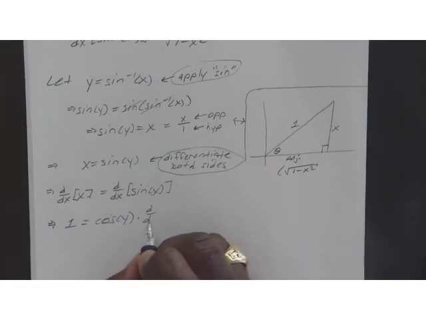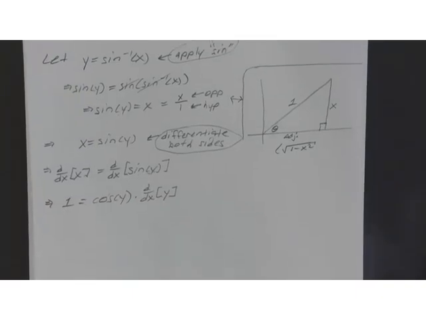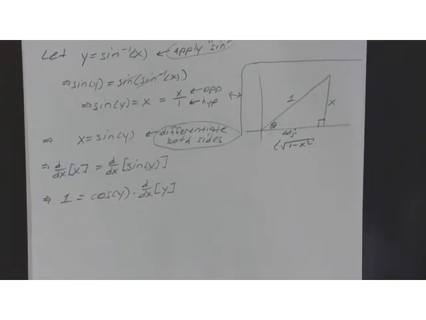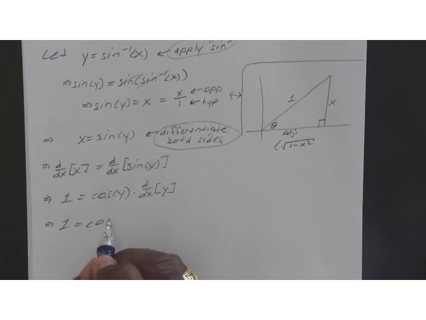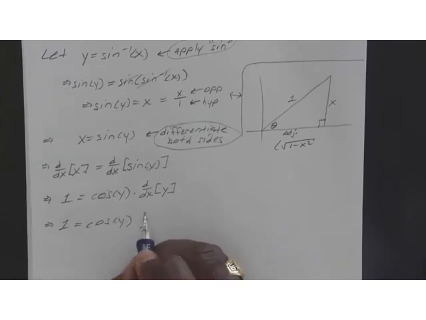So the derivative with respect to x of y. Okay, so we have 1 is equal to cosine of y times the derivative of y with respect to x.